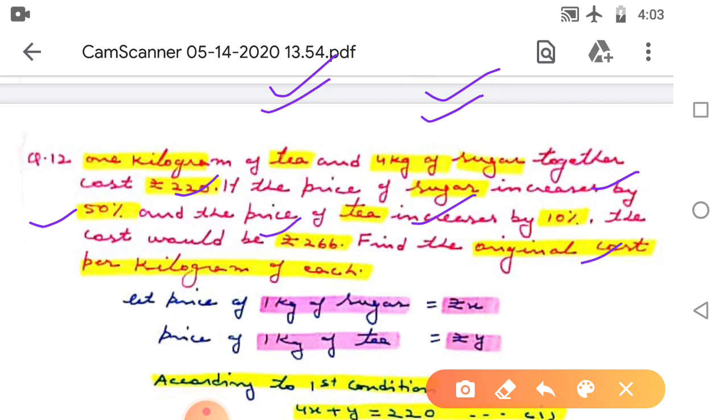Find the original cost per kilogram of each.